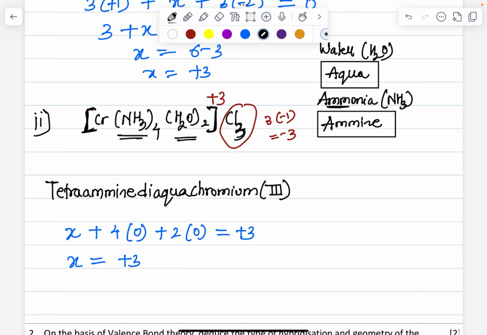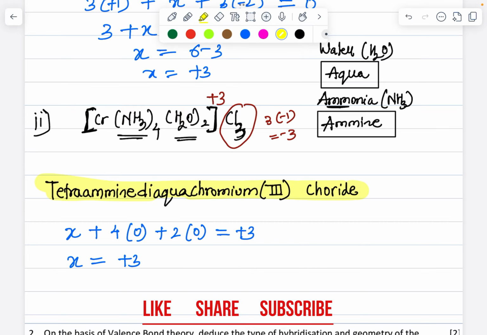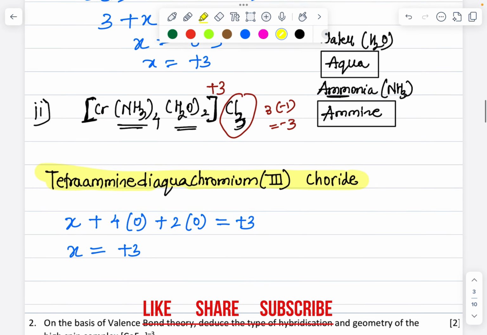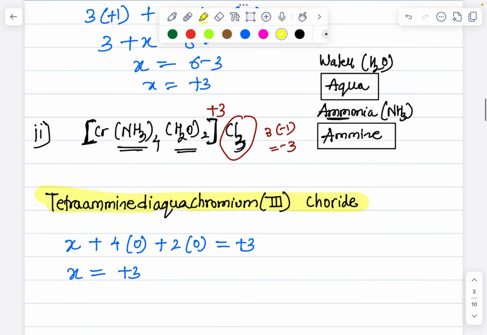Then outside the coordination sphere, what is there? There are chloride ions. It is not chlorine, it is chloride ions. Three chlorides are there. When it splits, it will split as 3Cl minus, chloride ion. This is the name of the compound. This question was for 2 marks, 1 mark for each IUPAC name.